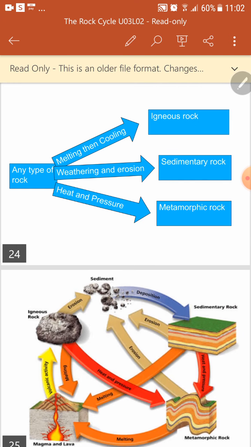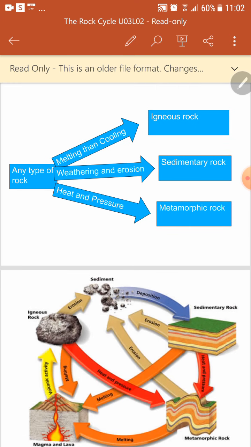In the rock cycle, we will talk about how every kind of rock can change over time to be one of the three types of rocks: igneous, sedimentary, or metamorphic rock.